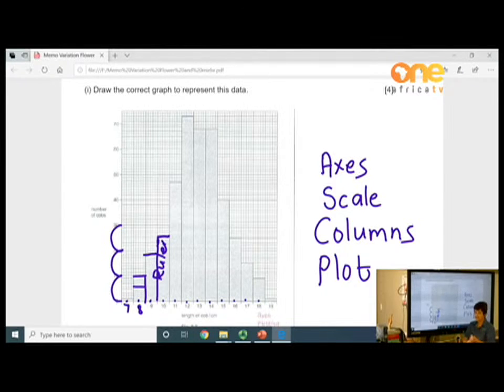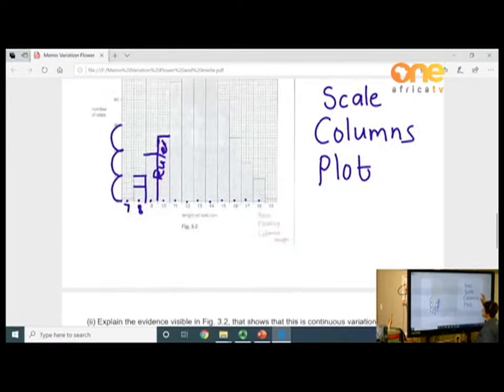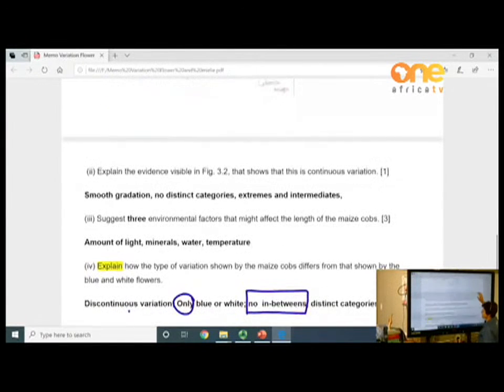Attach because it's a histogram, no spaces. Draw with a ruler, that will give you your mark for columns and the same width. And then for your plotting, that was accurate. That is where you get your marks from there.